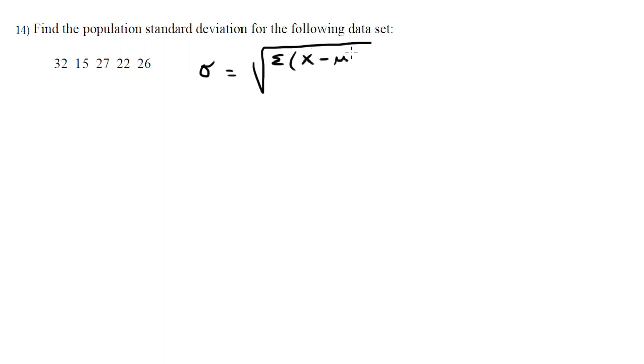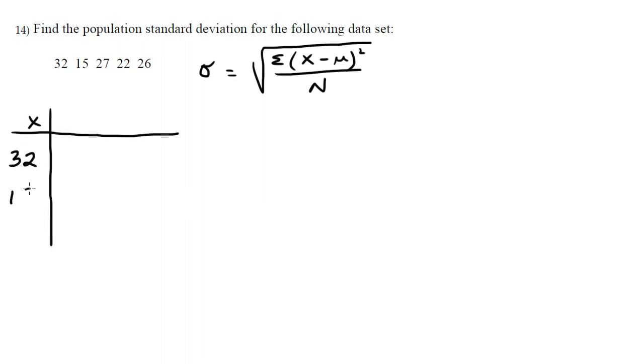In this case, the mean is mu, squared, over capital N for the number of values. Right, not n minus 1, capital N. Okay, so same way, let's start with the X values. 32, 15, 27, 22, 26.